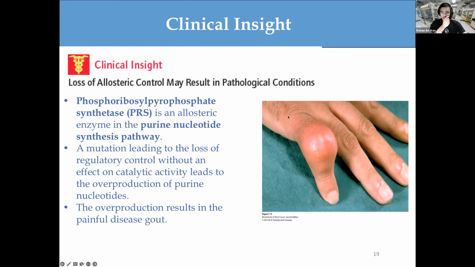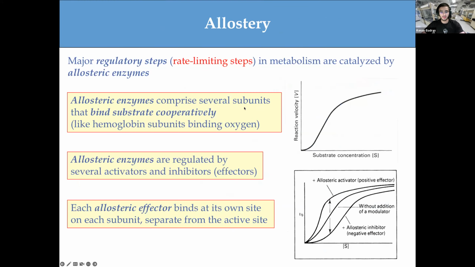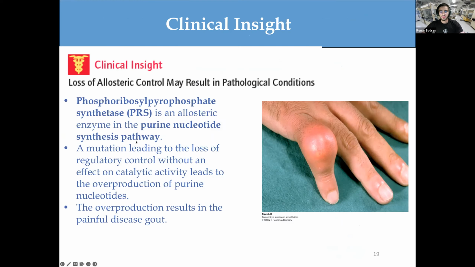But what they're trying to say is that since now there is no negative feedback, there's no way to control between the T and R states, so the enzyme would keep overproducing purine nucleotides, and the purine nucleotides would crystallize and form this thing that we see as gout.